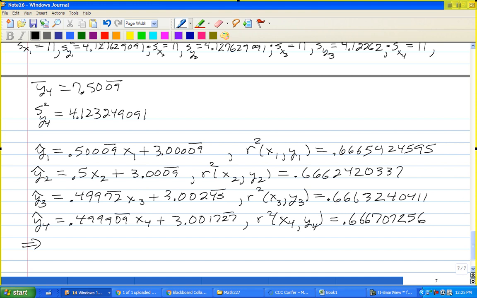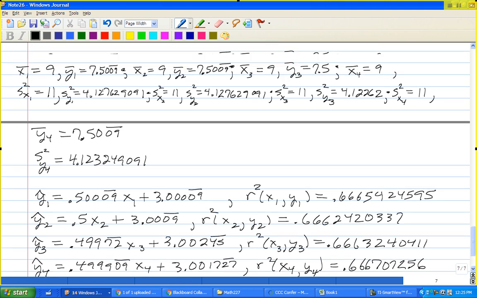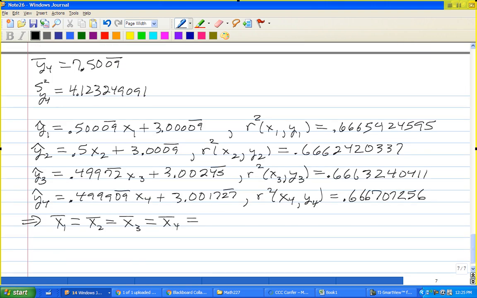what we notice is that all the means are 9.